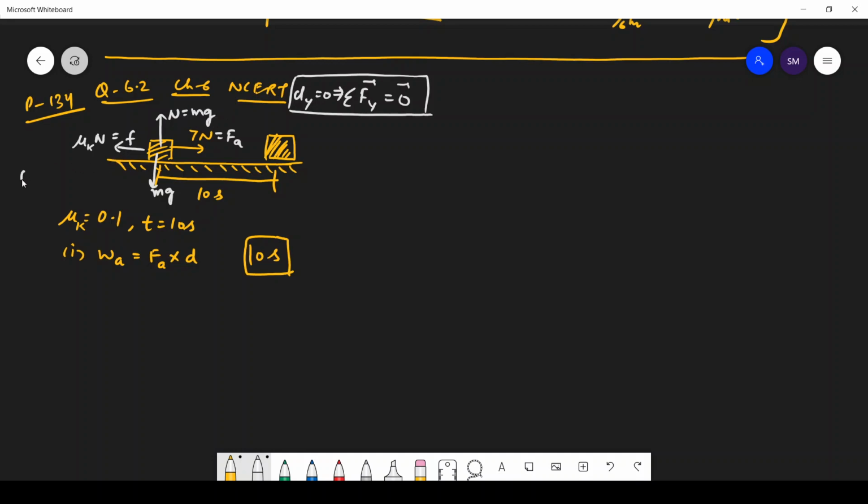So the kinetic friction equals mu k, which is 0.1, into m, which is 2 kg, and g here we are taking as 9.8. So what is the force of friction? So force of friction is 1.96 Newton.